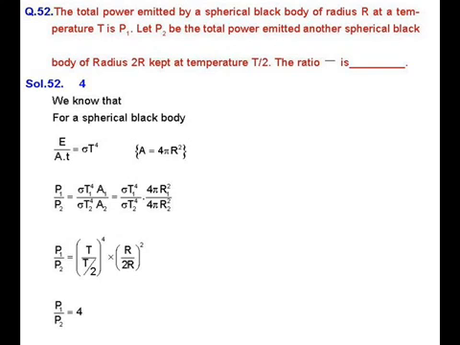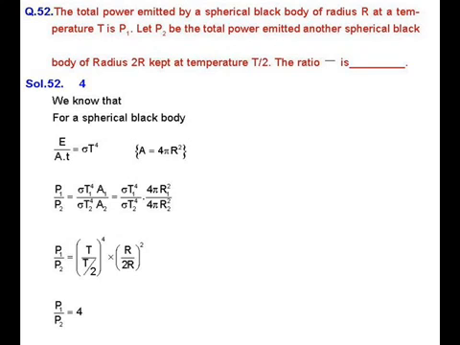So by the Stefan energy law, we know that for a black body, total energy per unit area per unit time equals sigma T to the power 4, where A is area, T is time and E is energy. And power is defined as energy per unit time. That implies P1 divided by P2 is equal to sigma T1 to the power 4 A1 divided by sigma T2 to the power 4 A2.